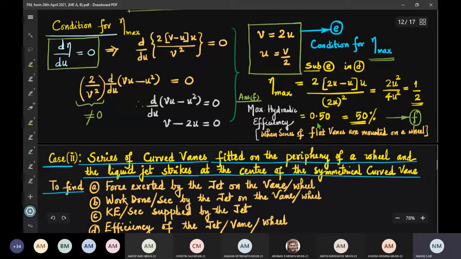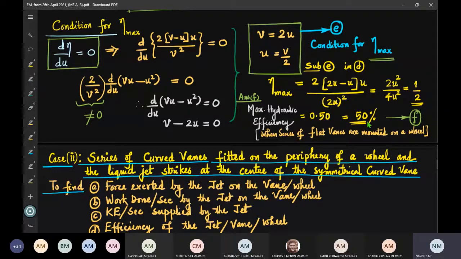What is 1 by 2? 0.5. If you multiply by 100 to convert it into percentage, you will get 50%. See, the maximum hydraulic efficiency is now 50%. If you use a single flat moving vane, then what you can get is 29.63%.